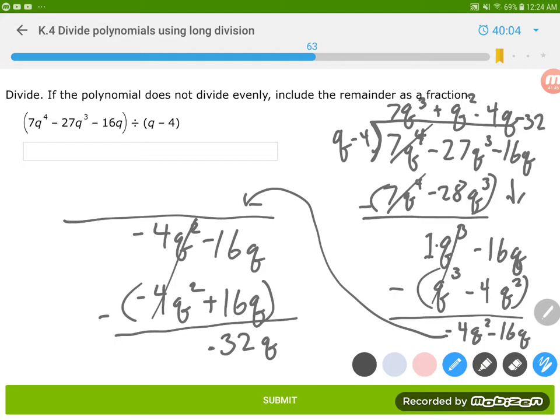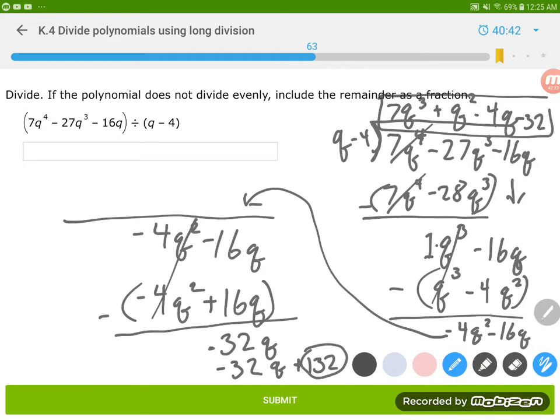So negative 32 times q would be negative 32q, and negative 32 times negative 4 should be, doing some quick mental math, that would be negative 132. I'm sorry, positive 132. Okay, so it looks like this would be our answer, and we would have 132 as our remainder.